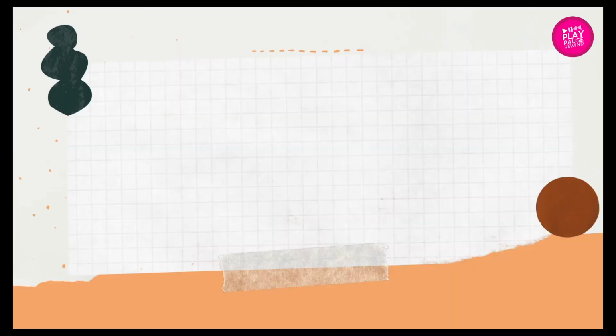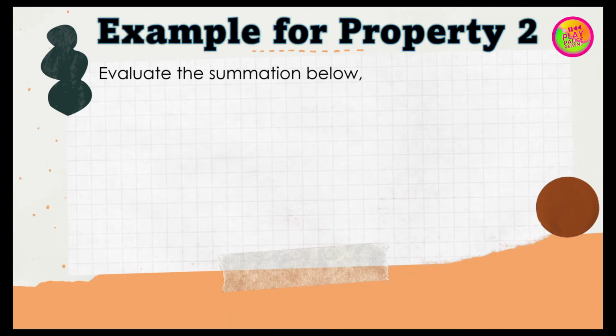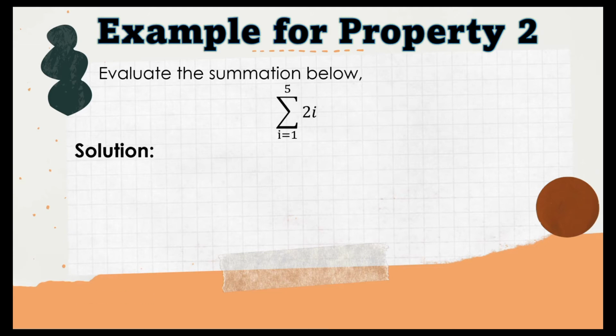To clearly understand, let's look at this given example. Evaluate the summation below: the summation of 2i from i = 1 to 5. To solve, we substitute the range of values from i = 1 to 5.